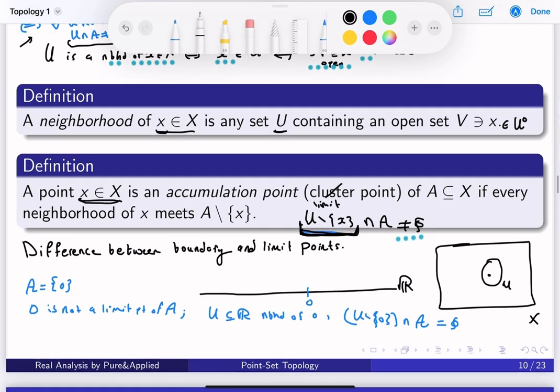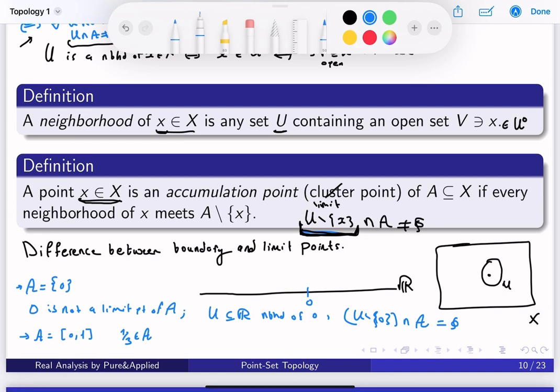Okay. Let me just give you another example here. Let's look at the set, for example, 0, 1, and let's look at the point 1/3. So 1/3 is in A. Is it a boundary point or a limit point? Well, it's not a boundary point.